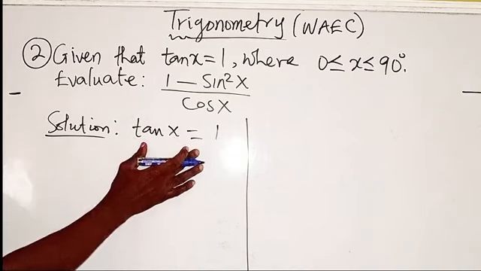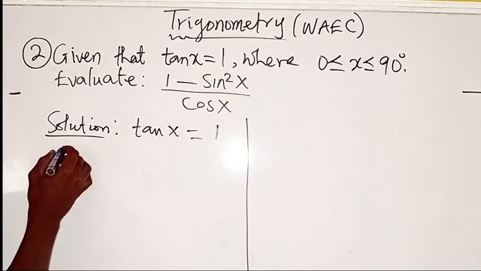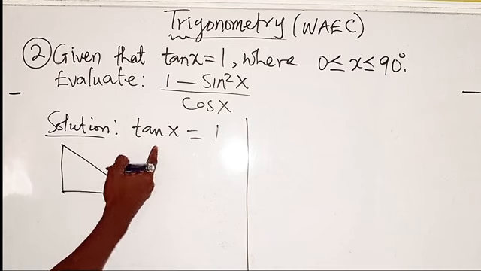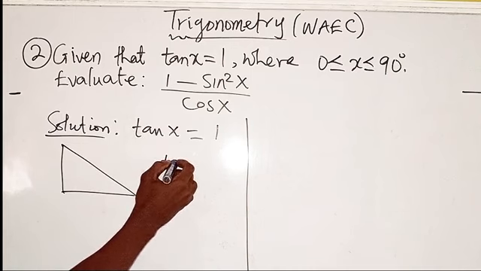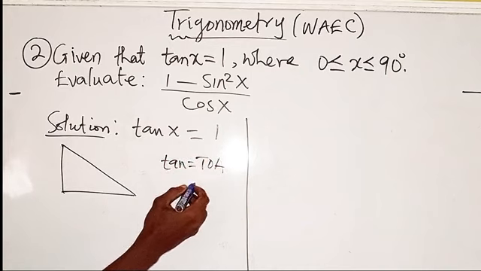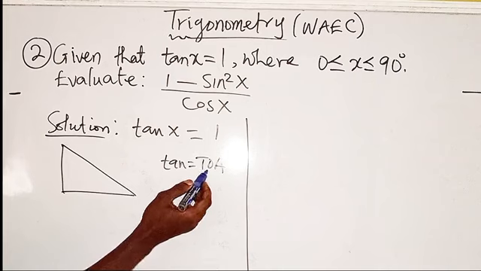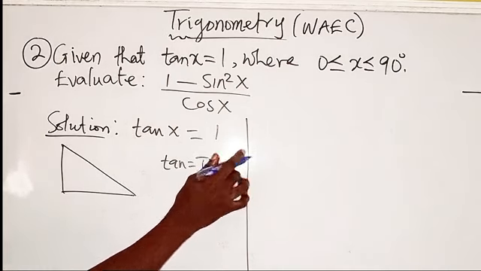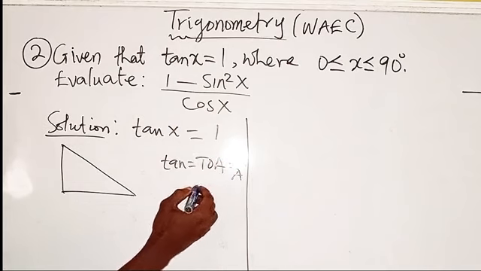Okay, so therefore let's bring a right angle triangle, and don't forget that since we are given tan x, tan is given to be opposite over adjacent.